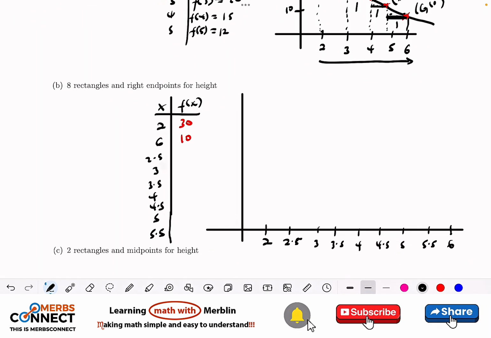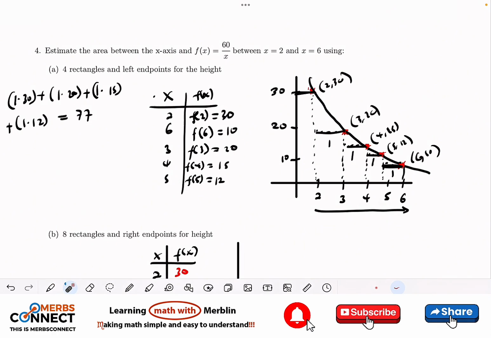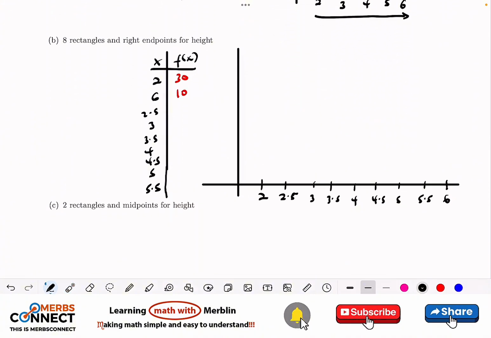So we need to plug them inside the function to also get their corresponding value. So remember, the function is like something divided by 60. So here, since I'm not using a calculator, this is going to be 60 divided by 2.5. 60 divided by 3, I think that one we can just do the computation and have 20.